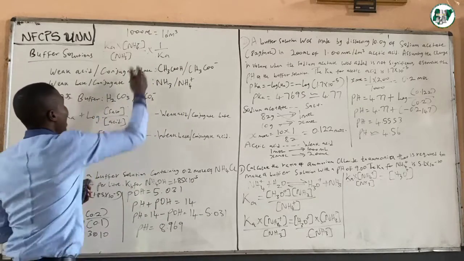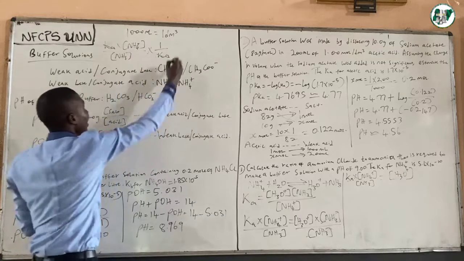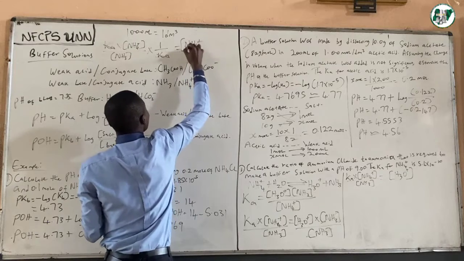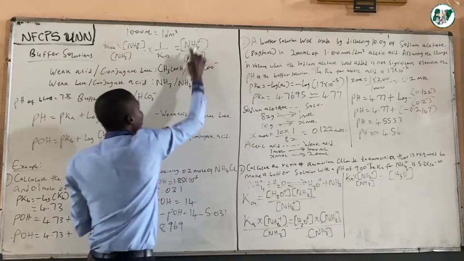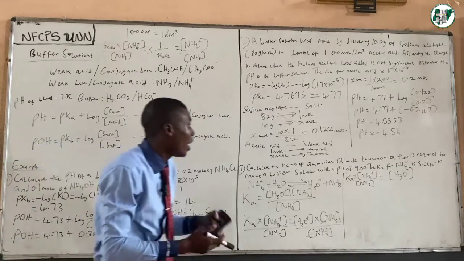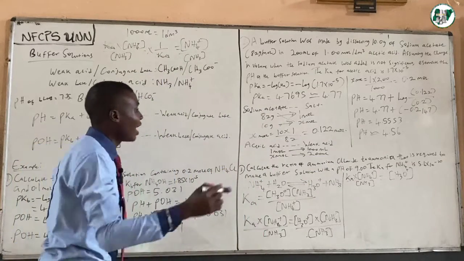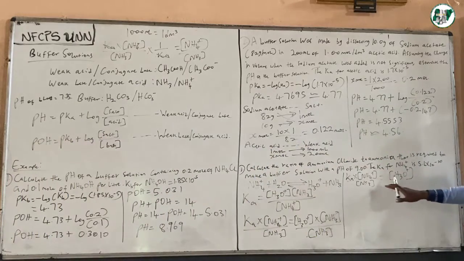Now that we have times 1 over Ka, this Ka cancels this Ka. So all we have left is NH4+ divided by NH3. Now we already have the ratio of ammonium chloride to ammonia. This is what we are looking for. Now that we have that ratio, for you to divide it, you just do this divided by Ka.